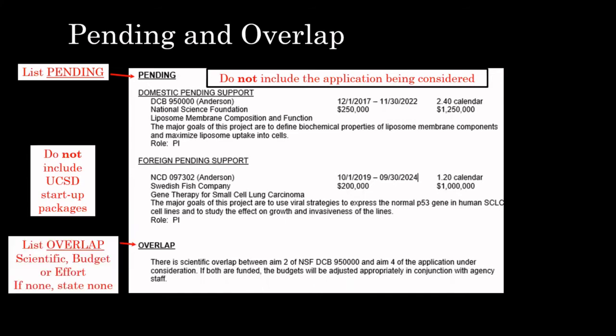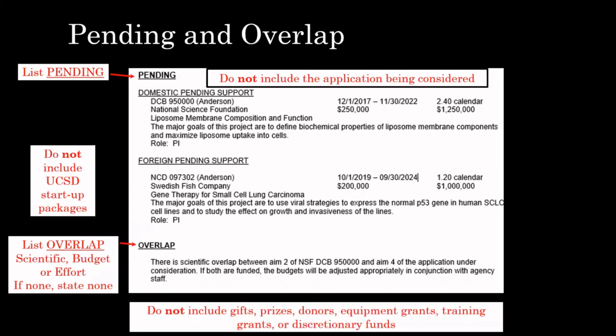So again, scientific, budget, or effort. If there is no overlap, simply state none. Do not include gifts, prizes, donors, equipment grants, training grants, or discretionary funds, or domestic LSAs like we discussed in the previous slide.